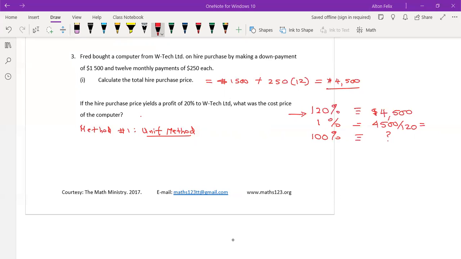This will be 3750. So the cost price using this method would be 3750.